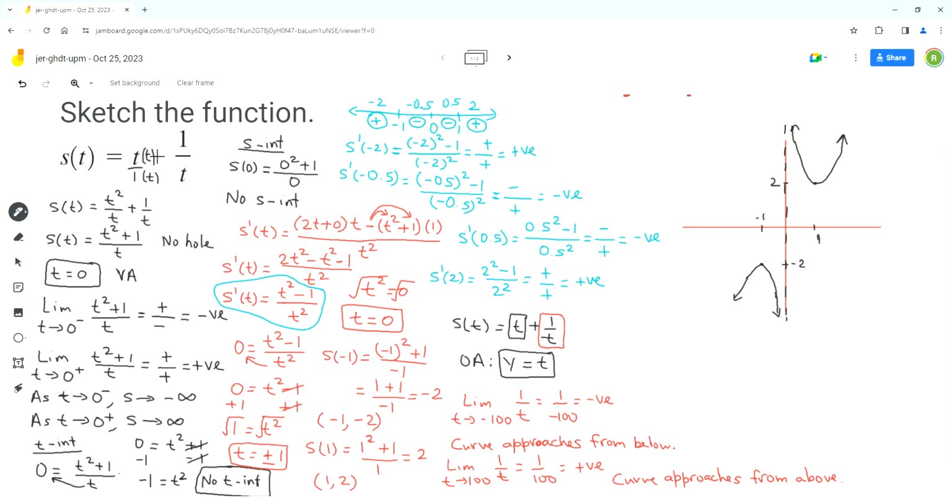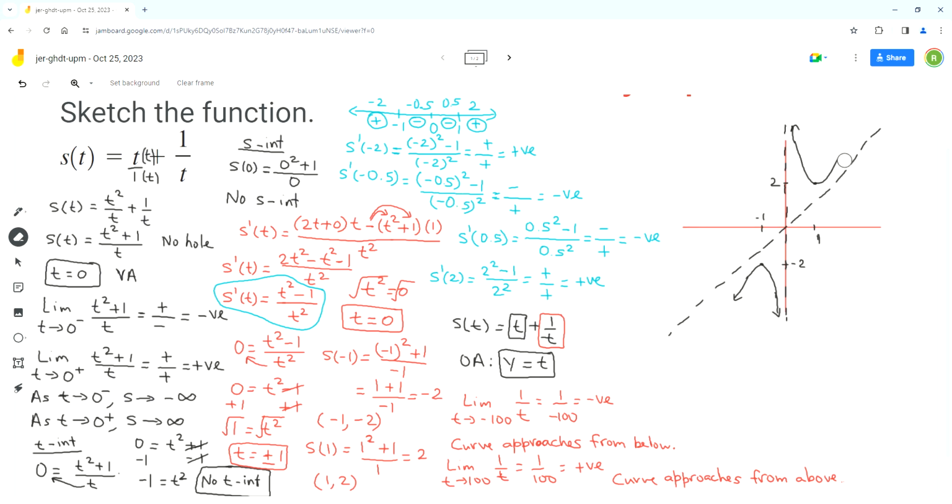And now there is an oblique asymptote at y equals t, so that will go somewhere like this. And as per the end behavior, on the left side, the curve approaches the oblique asymptote from below, which we have shown, and on the right side, the curve approaches the oblique asymptote from above.